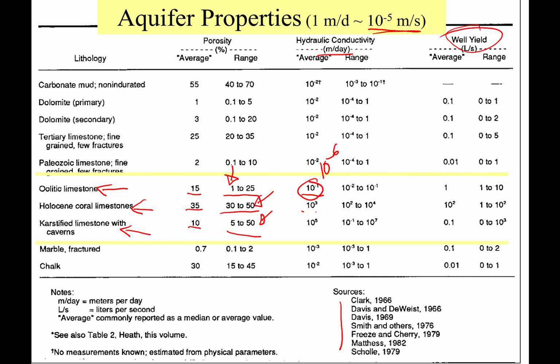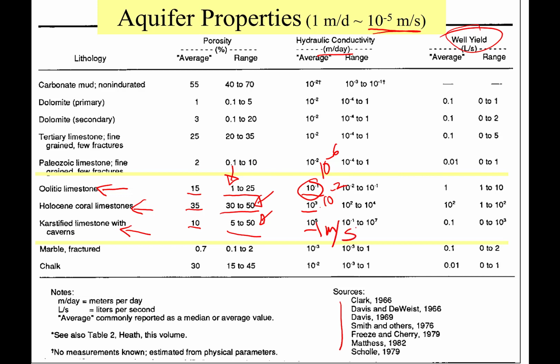That's 10 to the third, so that would be about 10 to the minus 2. And that's 10 to the fifth, so that would be 10 to the minus 2. And that would be 10, I guess that would be just equal to 1 meter per second.